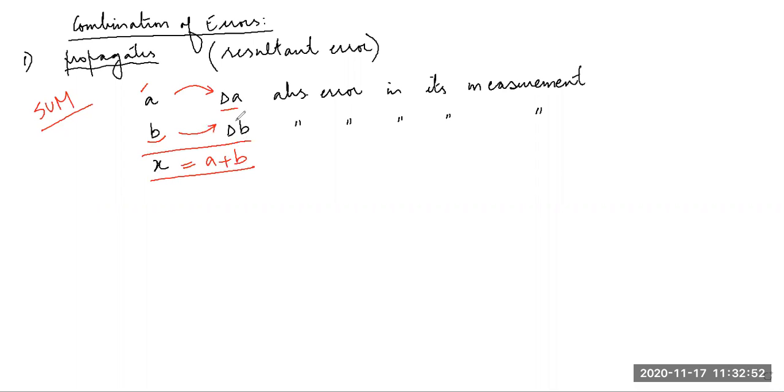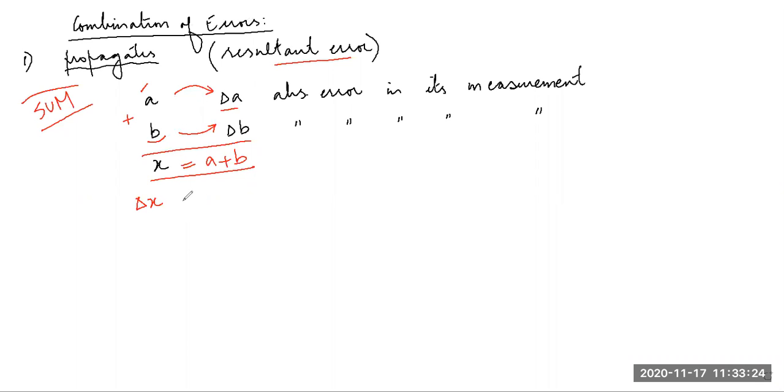So I want to see what happens to the resultant error, delta X. First case: I want to study propagation of error, or resultant error, or combination of error, when two quantities are summed up and both have errors in their measurement.